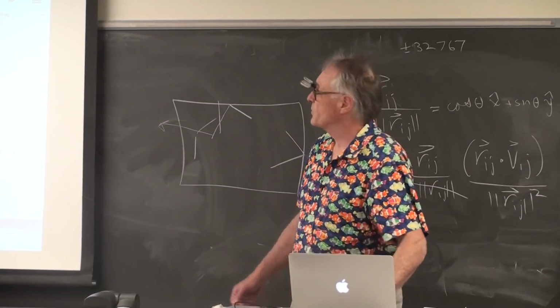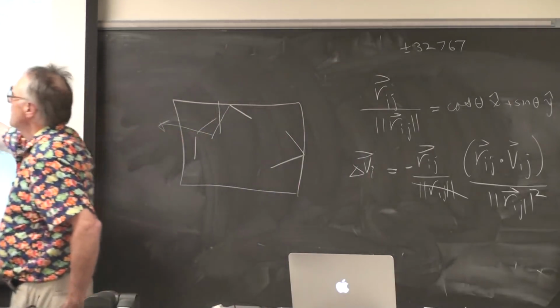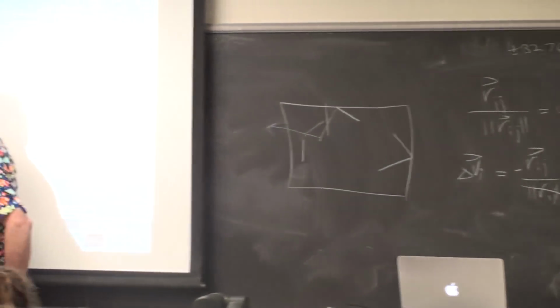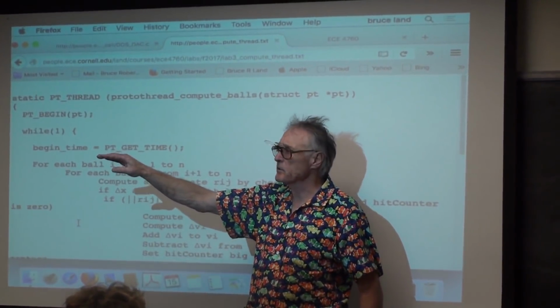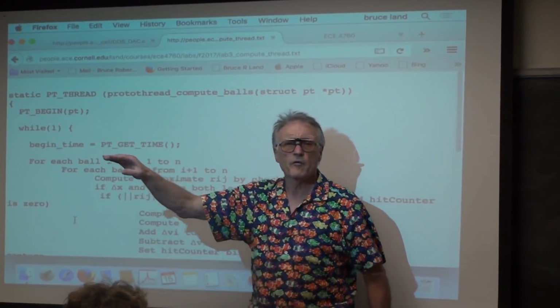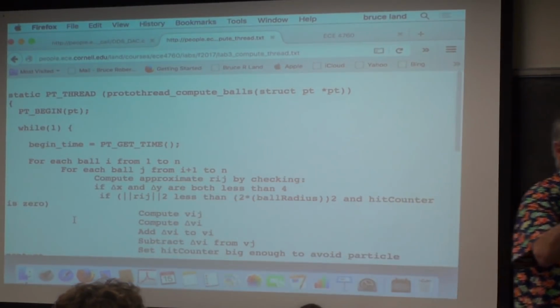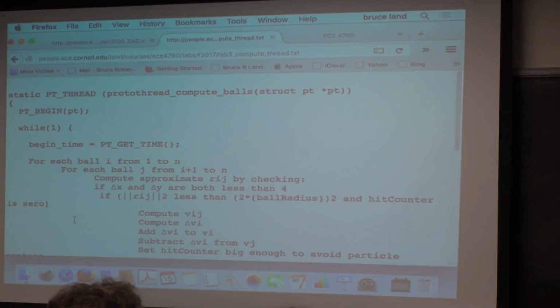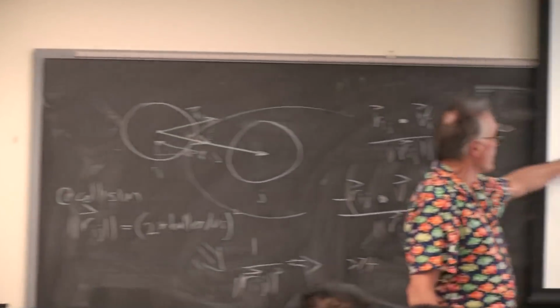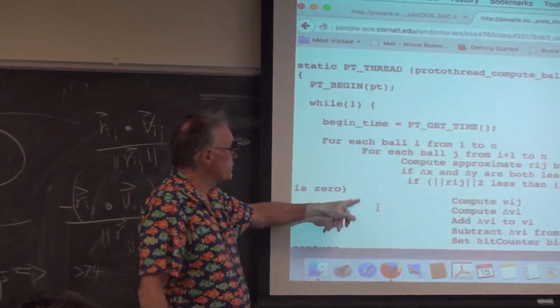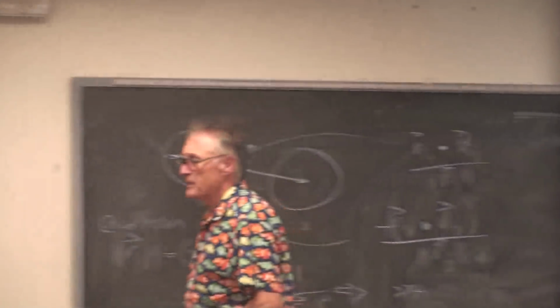And that is, you fall into this compute loop, you do a PT get time. Remember PT get time? Get time returns the time in milliseconds for you from a precision interrupt driven counter. So you don't have to invent your own time base for lab 2 either. You can use PT get time to tick milliseconds for you. Then you're going to do the calculation with however many balls happen to be on the screen.